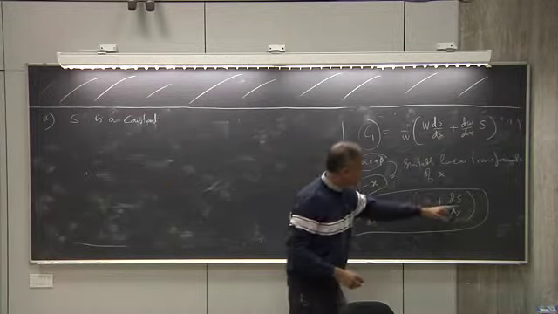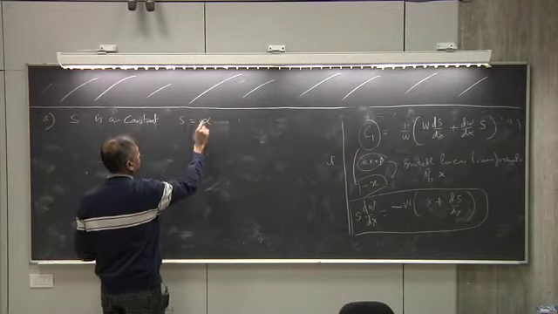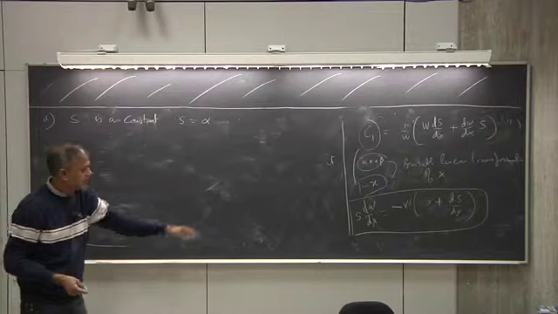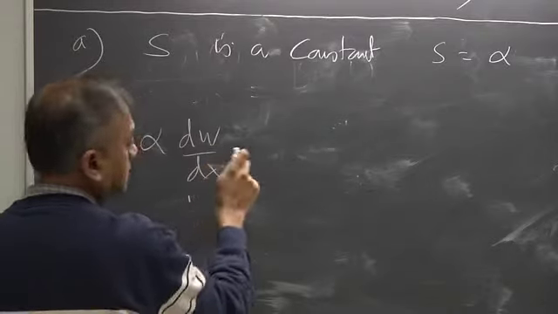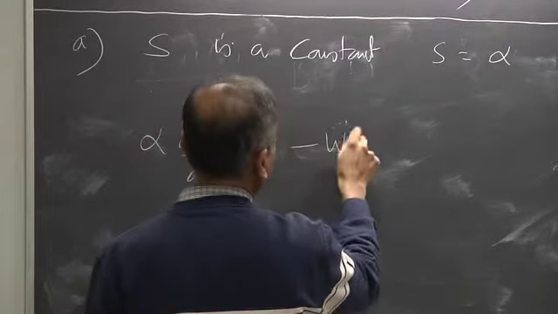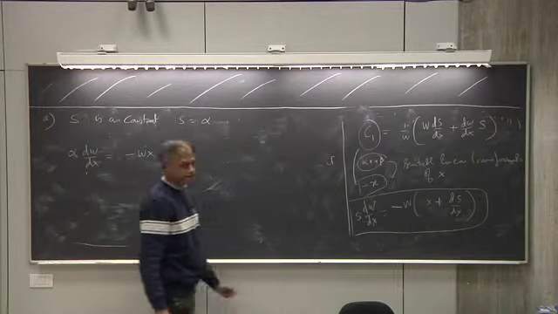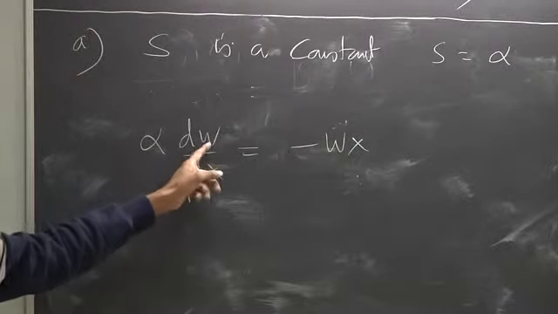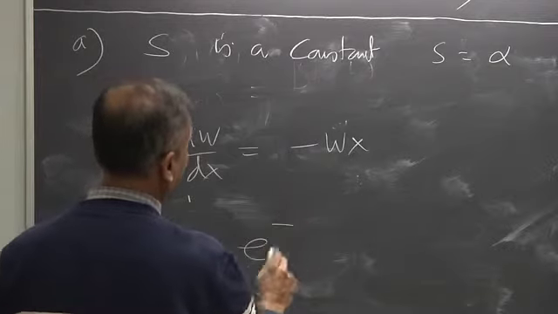In this case, ds by dx is 0. Since it's a constant, let's call it S equal to alpha. Substitute that there, and you find alpha dw by dx equal to minus wx, because ds by dx vanishes. Now this differential equation can be easily solved.